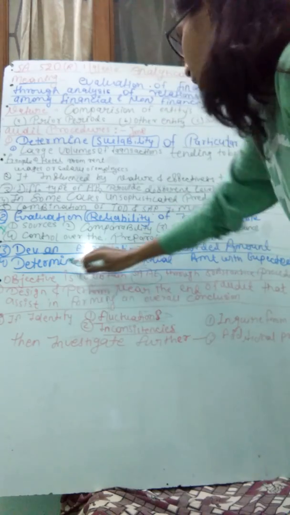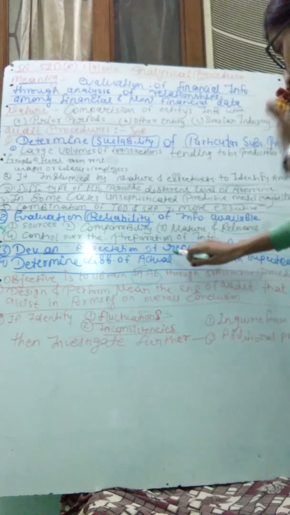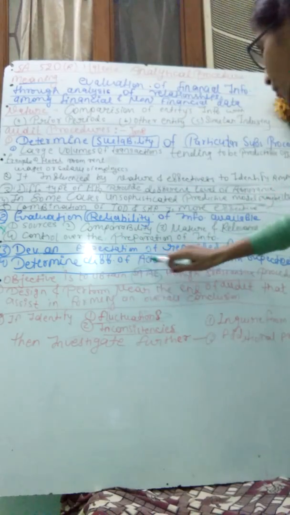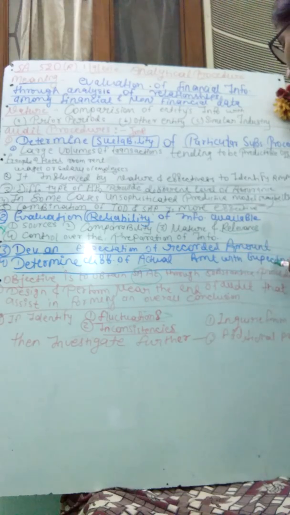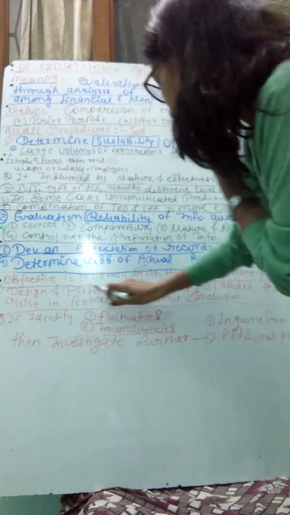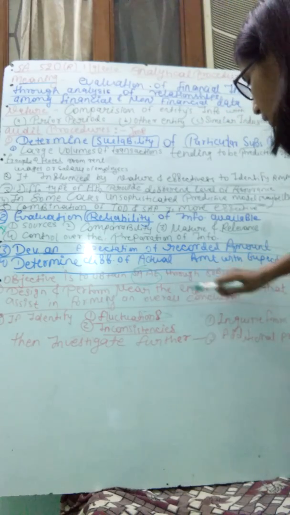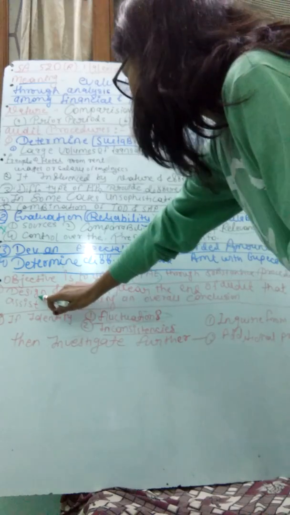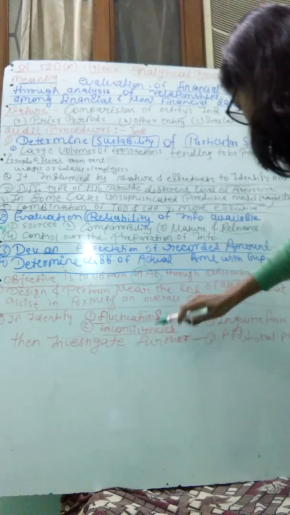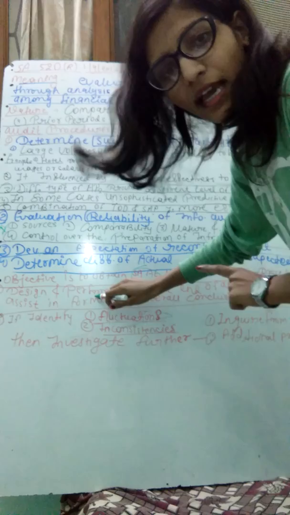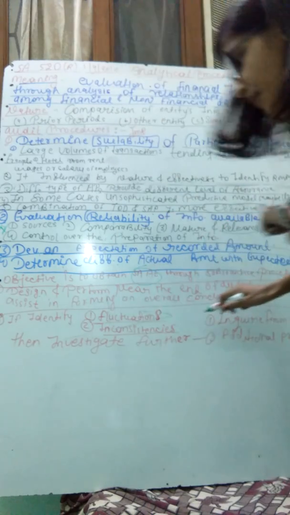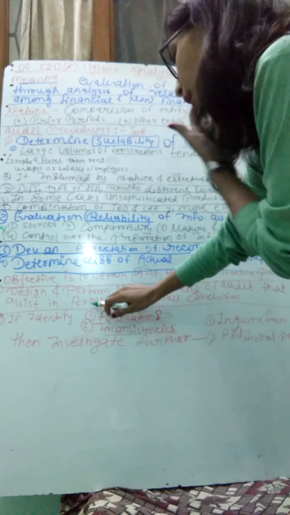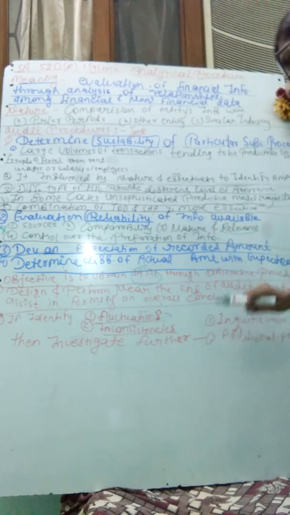Then develop an expectation of the recorded amount. Obviously, you develop an expectation of what the actual amount will be, and determine differences of the actual recorded amount from the expected amount. Then the objective is to obtain sufficient appropriate audit evidence through substantive analytical procedure. Then design and perform near the year end, after applying all other procedures, and it assists the auditor in forming an overall conclusion.